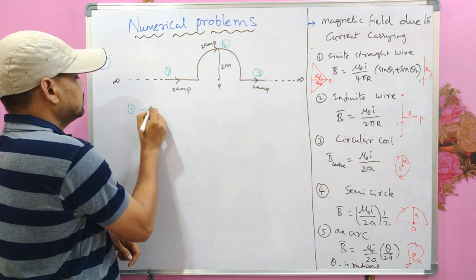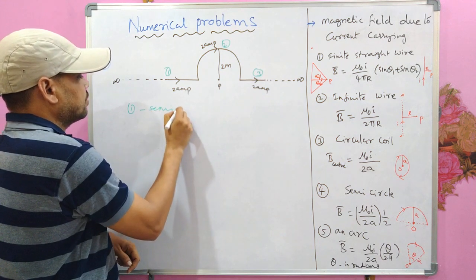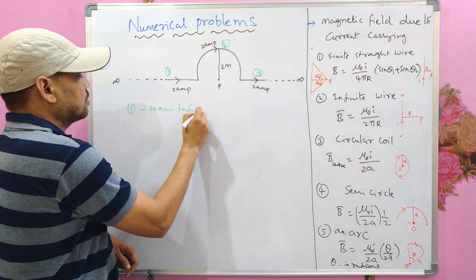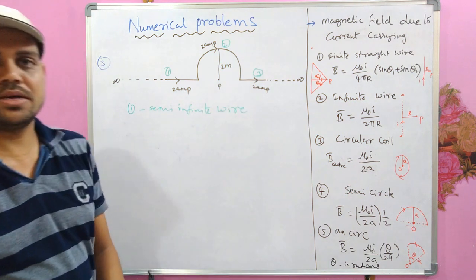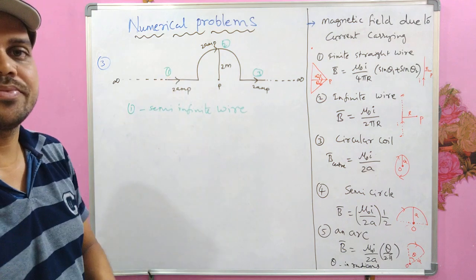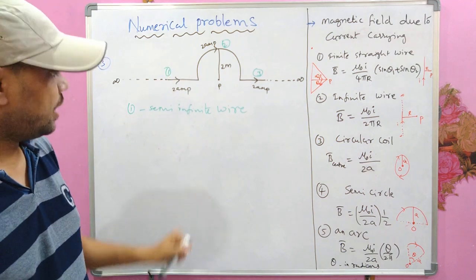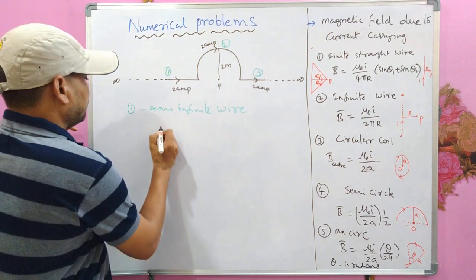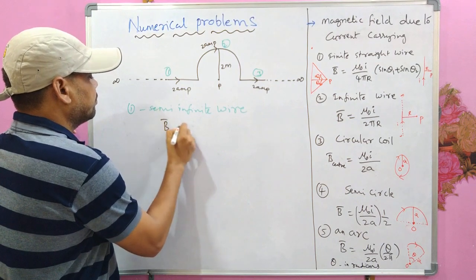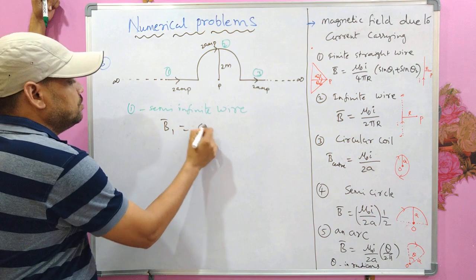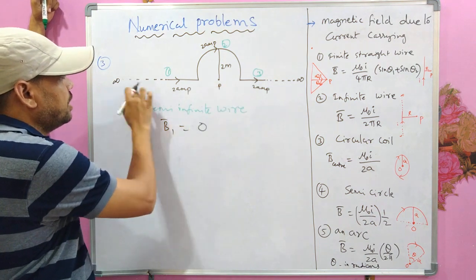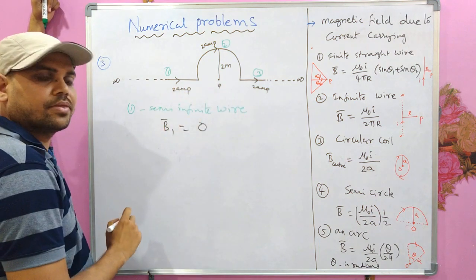One is a semi-infinite wire. Due to 1, if I write B1 at P, it is 0 because P is on the axis of it.